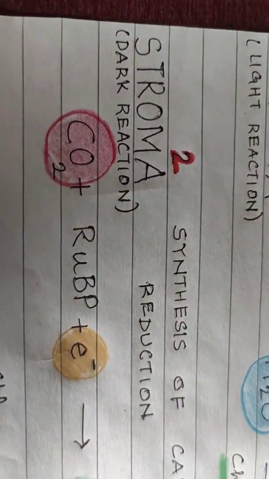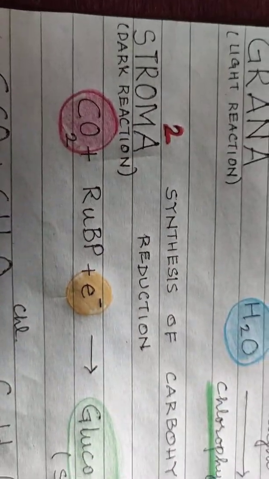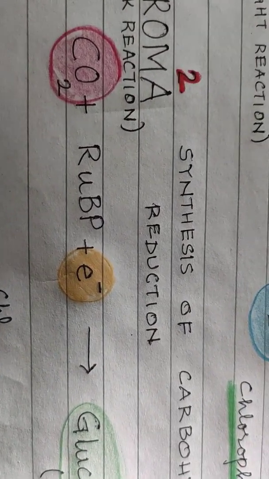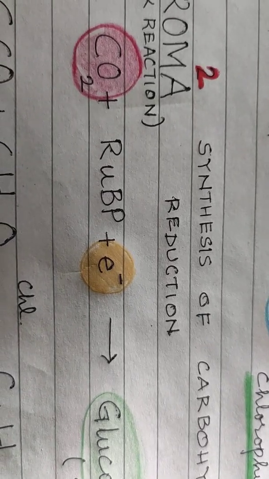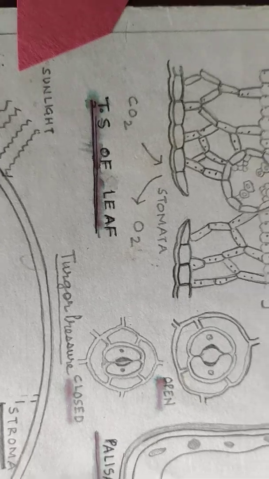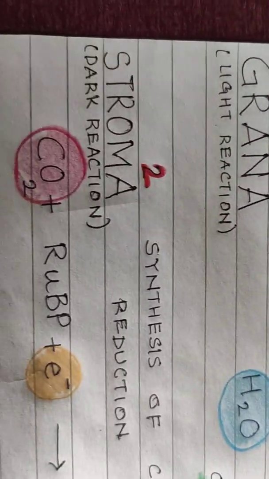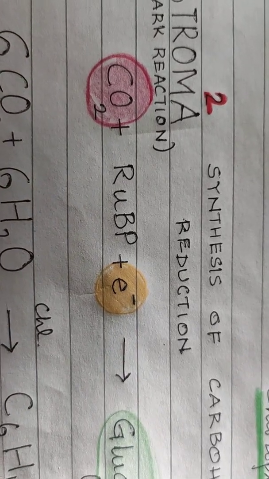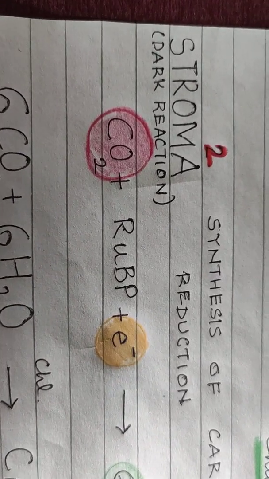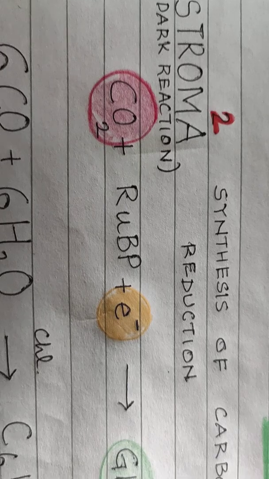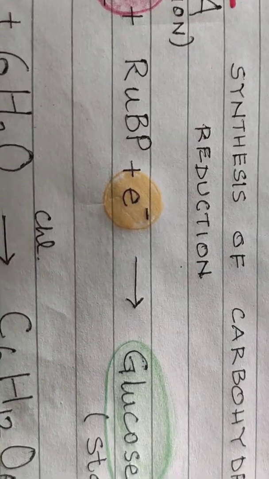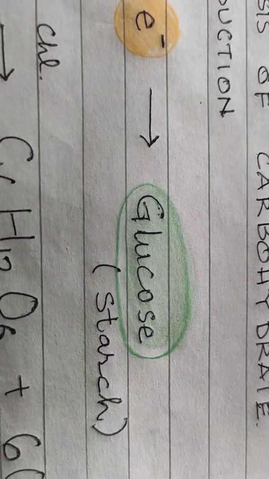Now the carbon dioxide which is moving in due to the exchange of gases, that is diffusion, to the lower surface of the leaf, is getting combined in the stroma, and this reaction is independent of light, accepting electrons to synthesize glucose.